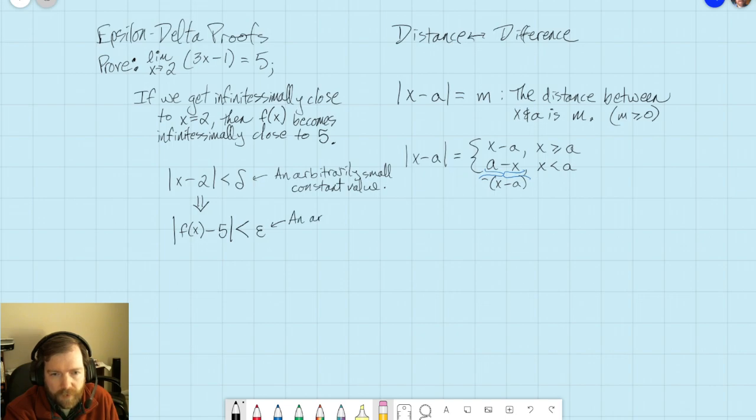Alright, an arbitrarily small constant value. Now, it could be that epsilon and delta are the same thing. It could be that they're separated apart from each other. They could be smaller or larger than each other. It doesn't really matter.